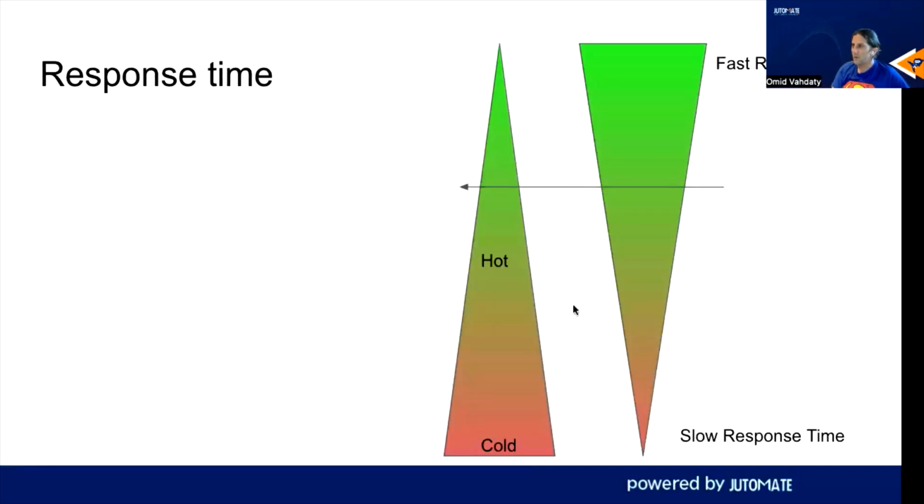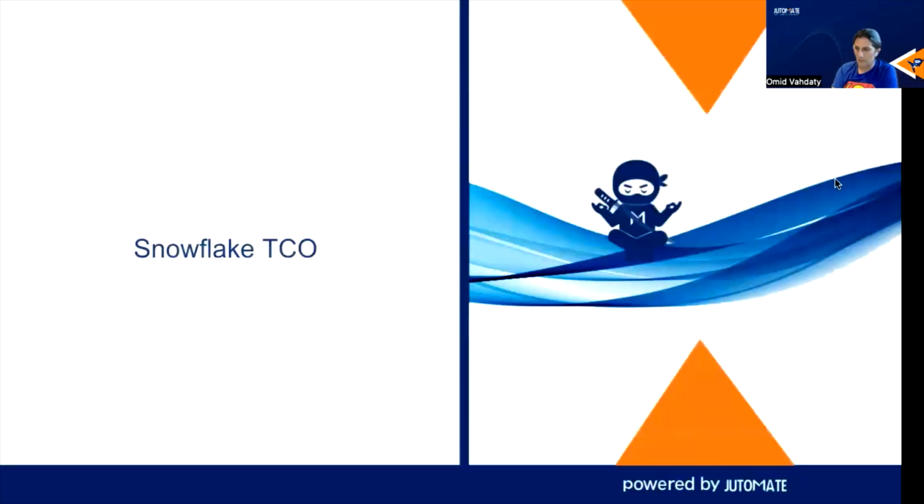In terms of performance time, Snowflake is relatively good. It's not real time, again, it's designed for analytics use cases. That means you can wait a few seconds to get a response, but all in all, a very fast and very good solution.